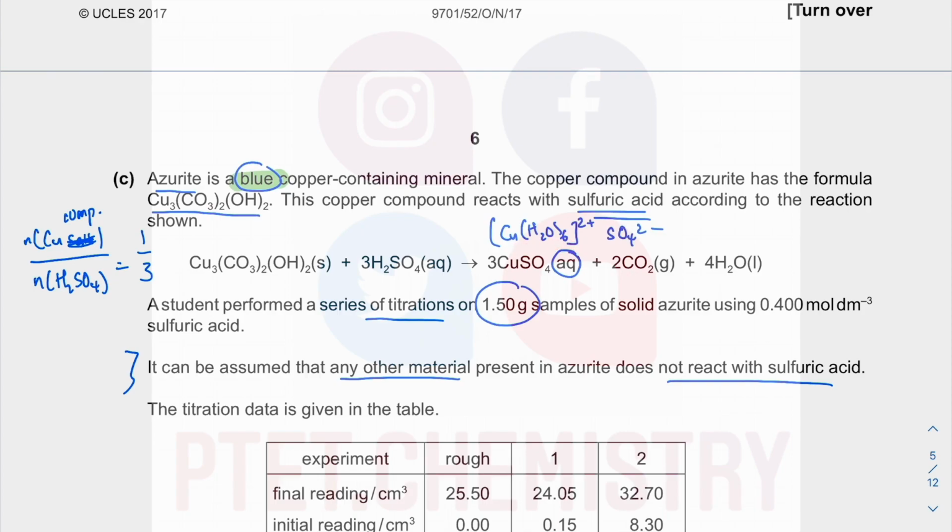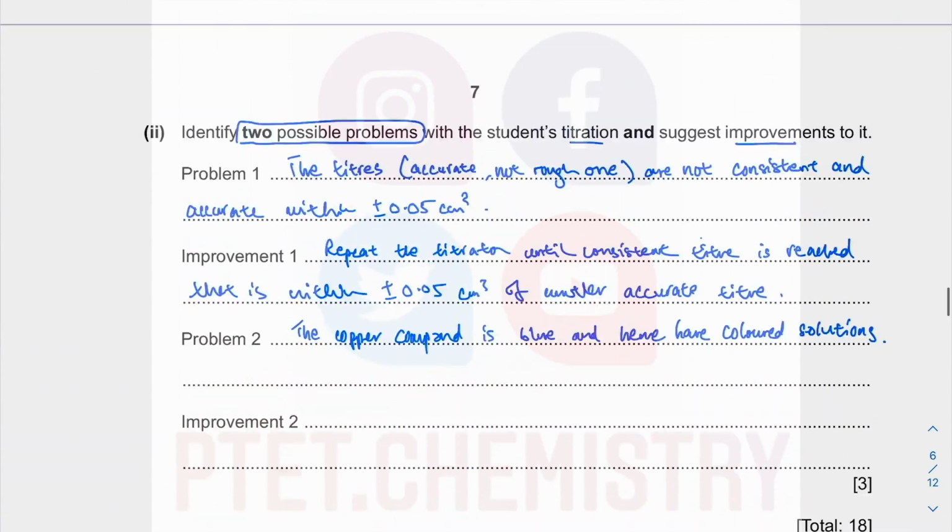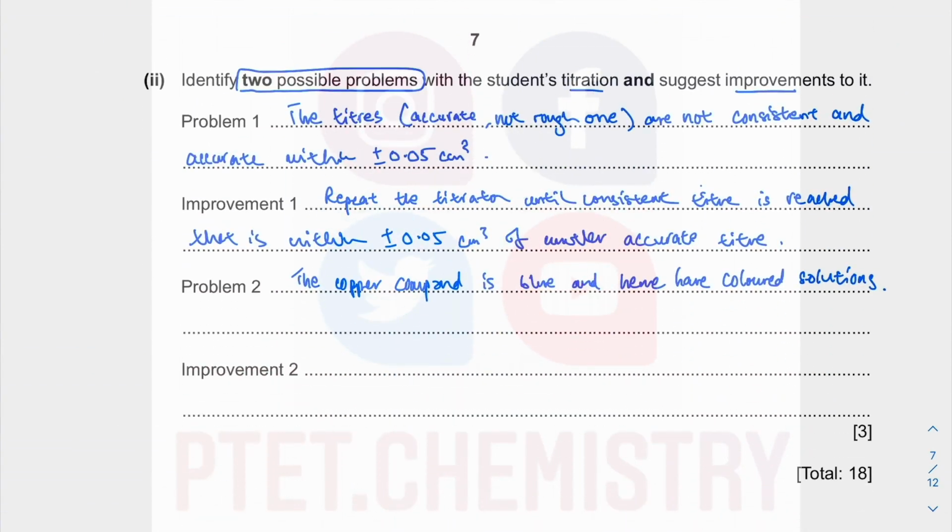So you're producing something which is pale blue at the end. So not only the copper compound is blue, also the copper 2 sulfate aqueous containing copper with 6 water complex. So there's the aqua complex of copper 2 plus is also pale blue.